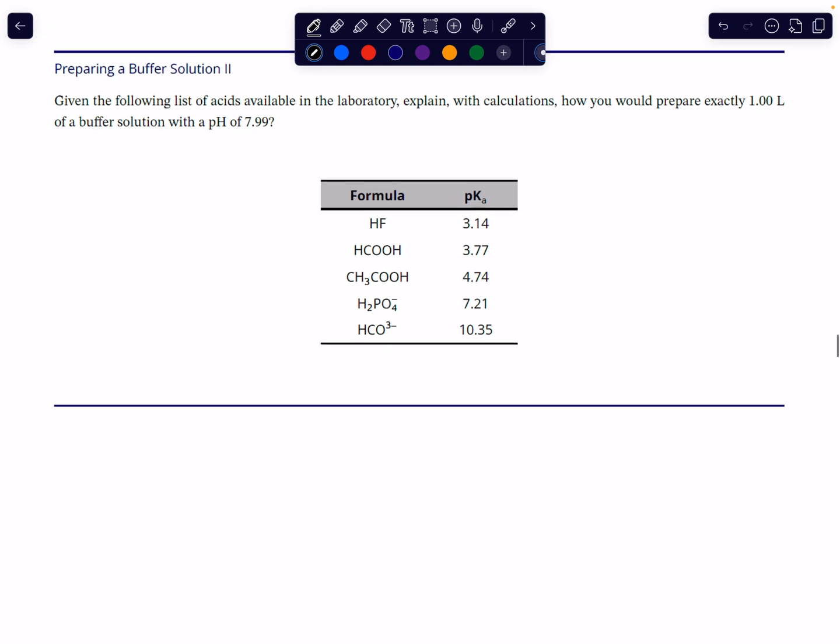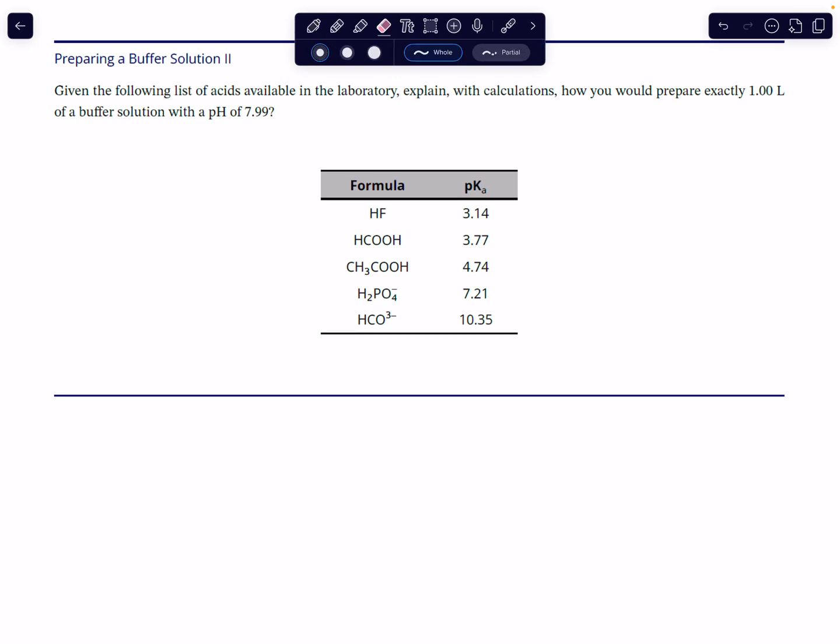So let's start the analysis. We want a pH that must equal 7.99. Usually we start by looking for something with a pKa in the region of the pH. Looking at these numbers, the only one close to it, it doesn't have to be exact, meaning the closest to 7.99, is the pKa of 7.21.